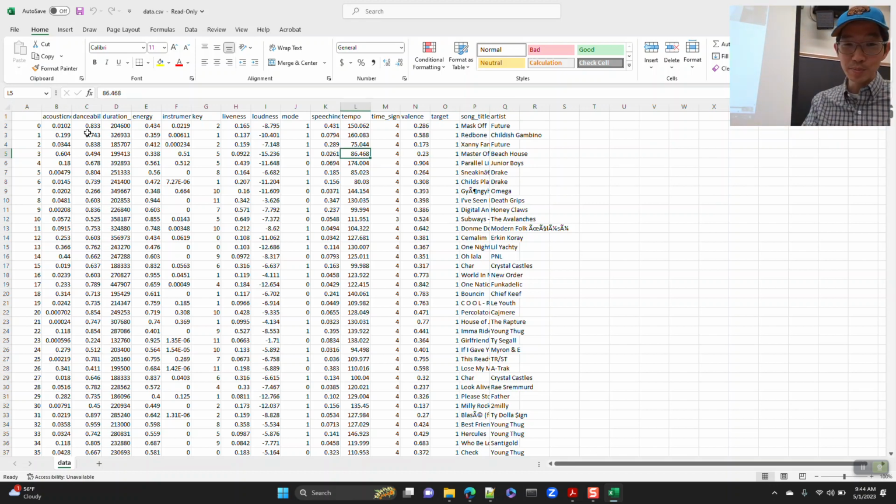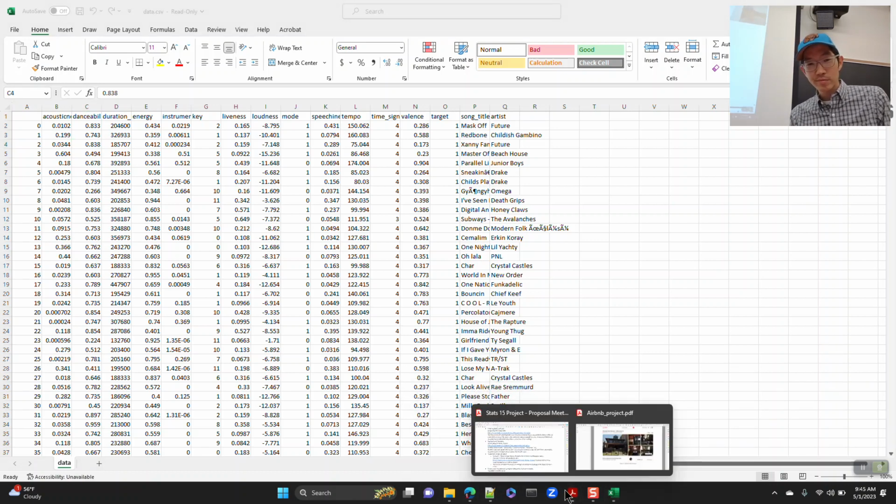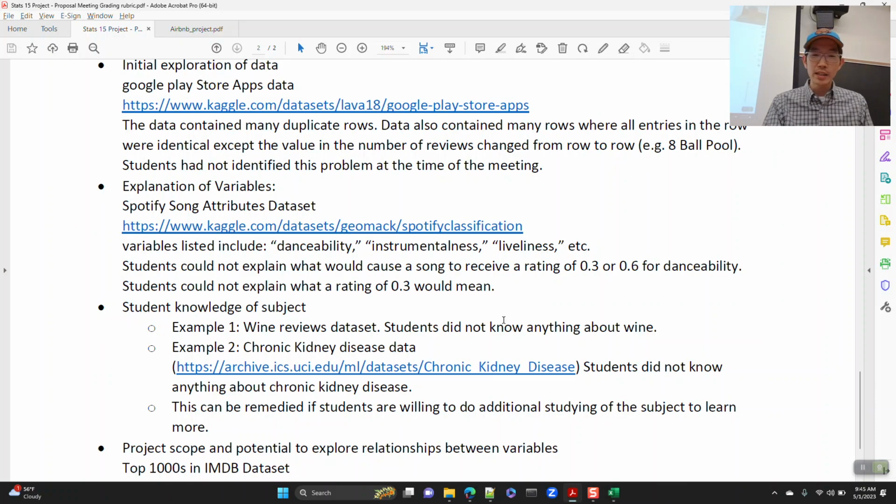No student has convincingly explained what the actual numbers are. We understand the concept of the variable, but what does this number actually mean? I have not received a convincing explanation there. So I would say stay away.